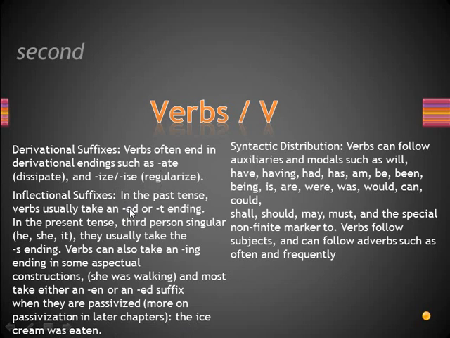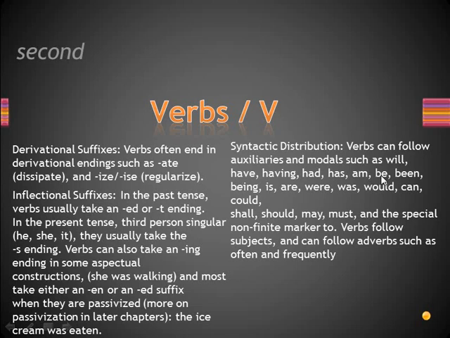Okay, and then for the syntactic distribution, where is the position of verb? So verbs can follow auxiliaries and modals such as will. Look at the example. Will is a modal, but have, having, had are auxiliaries.